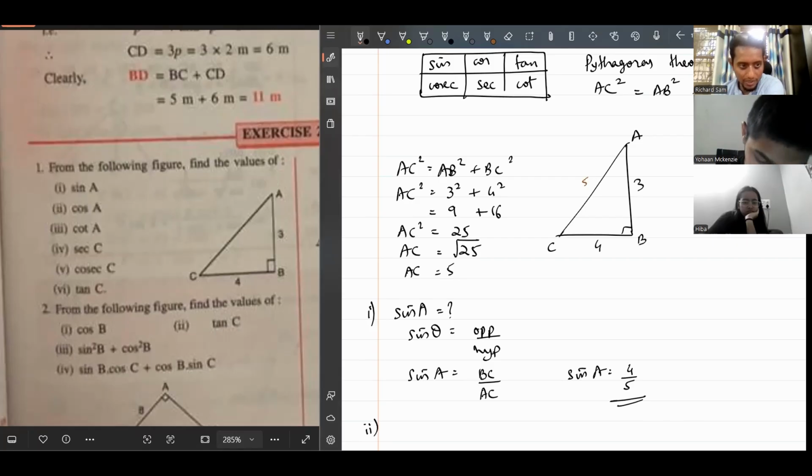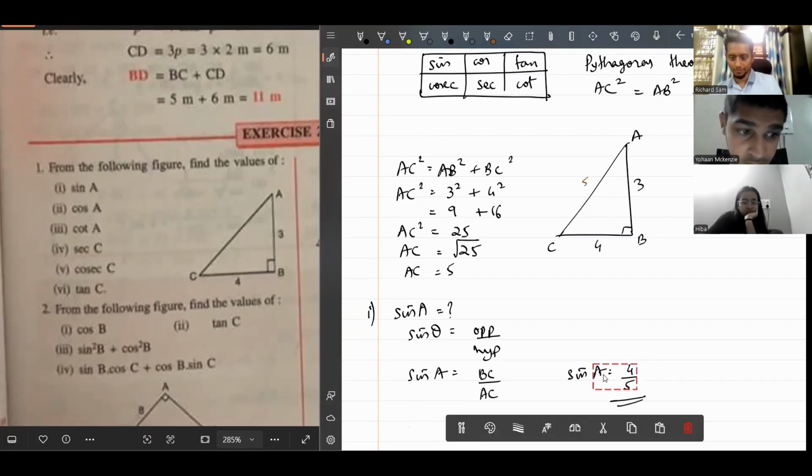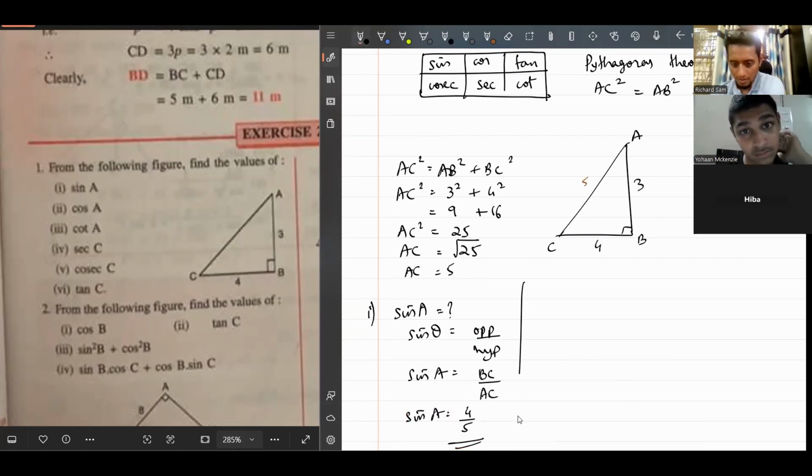Now you do the second one, cos A. What's the formula for cos? Hiba, tell me. Cos is adjacent upon hypotenuse.